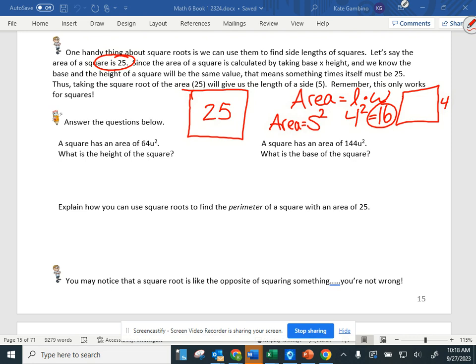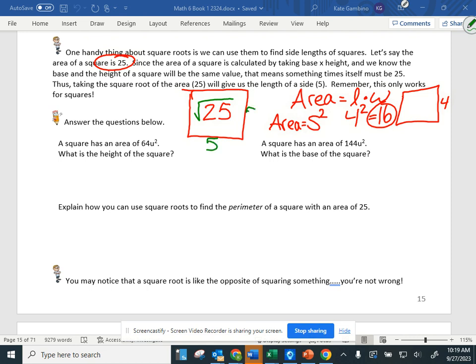You can use your calculator. What is the side length of a square with the area of 25? We want to find that square root of our area. So we're going to want to find the square root of 25. Liam? 5.